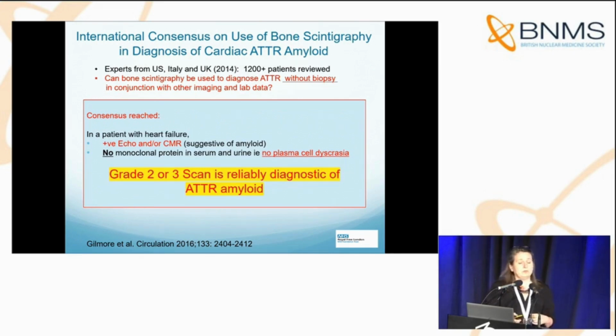And this is the bottom line from this particular paper. In a patient with heart failure, an echo or a CMR suggestive of amyloid with no plasma cell dyscrasia, a grade 2 or 3 scan is reliably diagnostic of ATTR amyloid. You can't tell whether it's the hereditary or the wild type. That has to come from the genotyping.